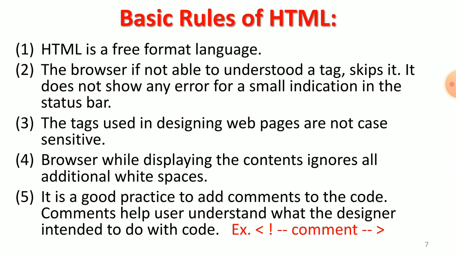Anything in between this tag is not interpreted by the browser and hence not displayed in the content window. Comments are also referred to as a prologue. That means the basic rules of HTML. Remember this point.